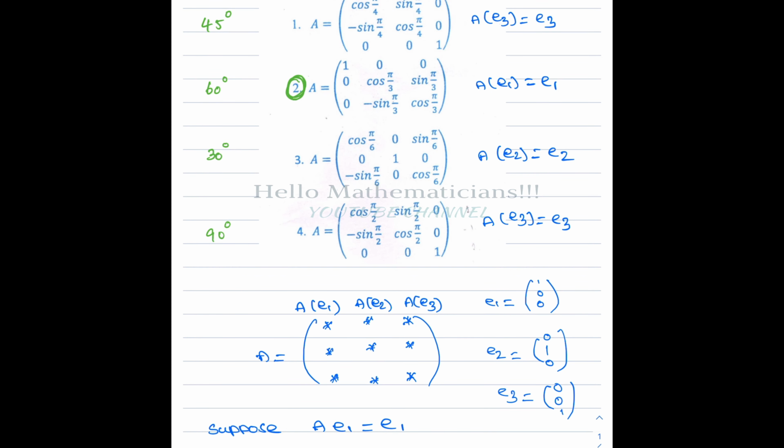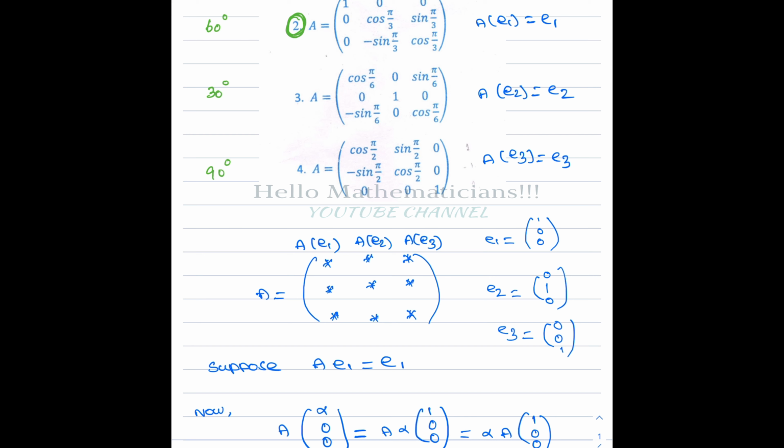Now consider this matrix A. It is a 3 by 3 matrix, which means it is a linear transformation from R cube to R cube. For R cube there are three basis elements E1, E2, E3. In a 3 by 3 matrix, the first column is nothing but the image of E1 under the matrix A, that is A E1.